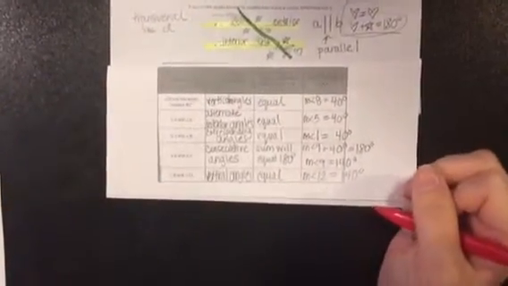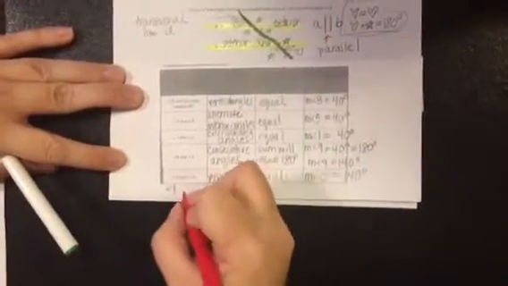Let's do one more. I know you're out of room on your box, but we're going to add one more in the bottom. Let's look at angle 1, and let's look at our 40-degree angle. So let's touch angle 1 right here, and let's touch the angle marked 40 degrees.